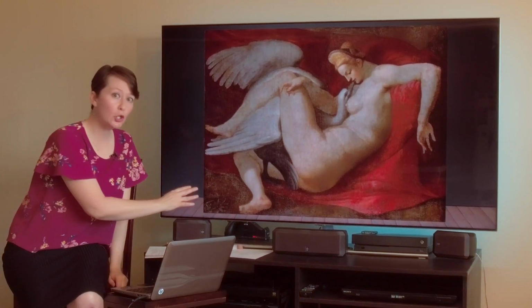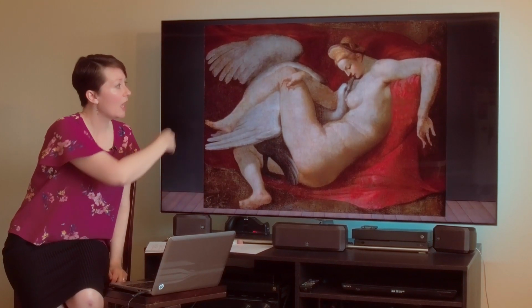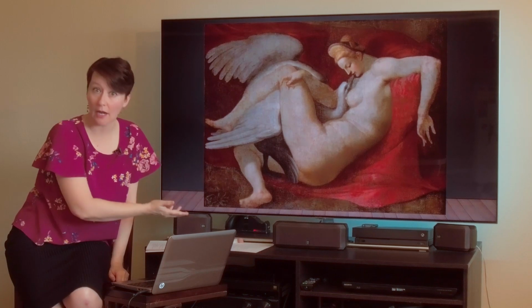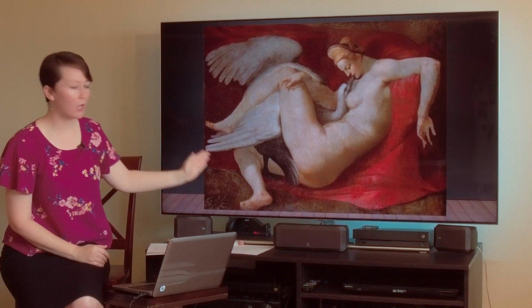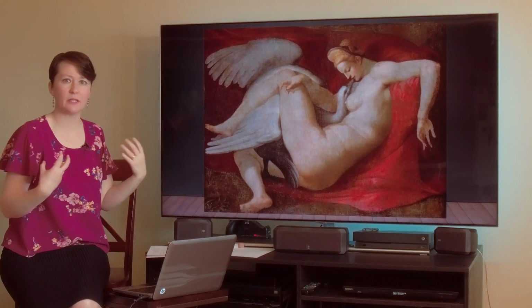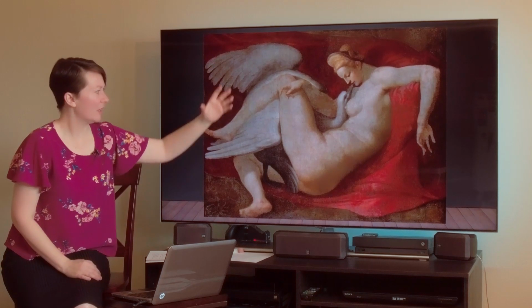Now the original was lost, but we believe this was done by one of his students after him in his style. And we see this beautiful red cloth in the background symbolizing red passion, love, lust, and they're coupling.